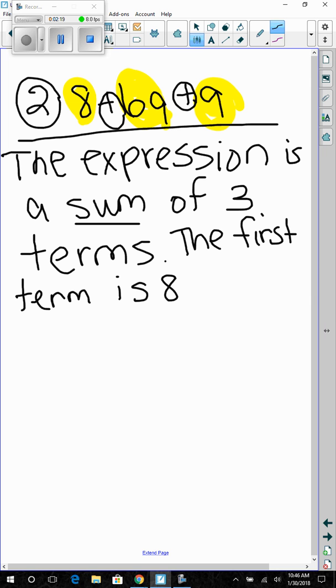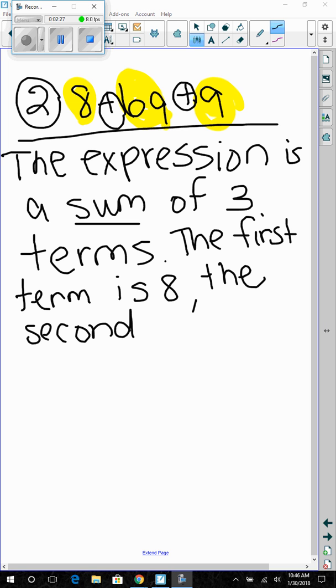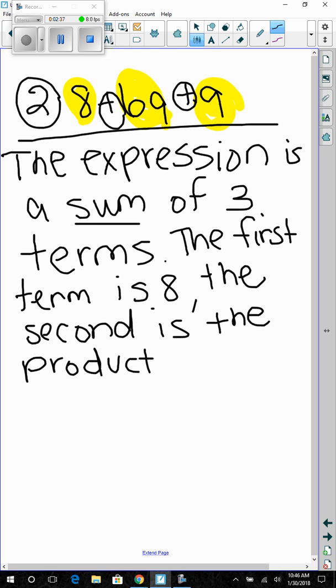So the first term is 8. The second is the product of 6 and q.